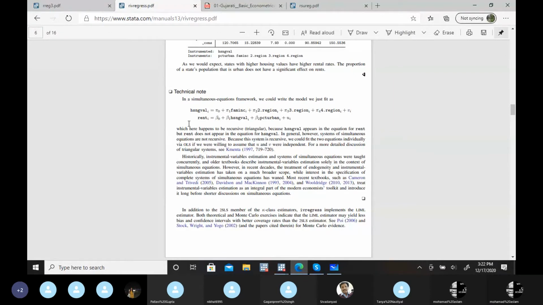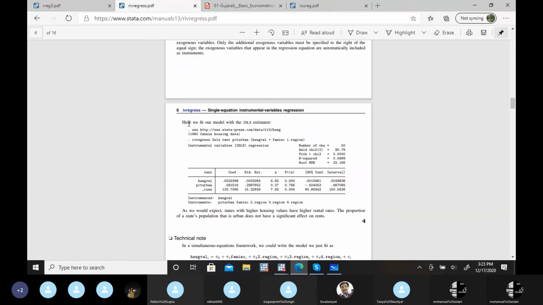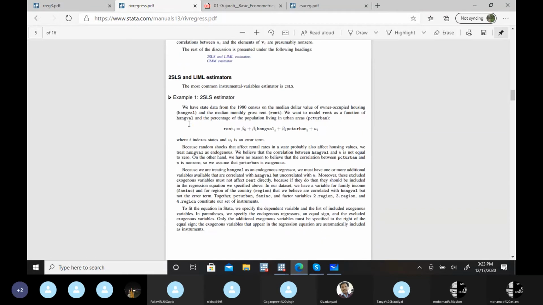The HSNG variable. Let's see if a description of these variables is given. Yeah. We have state data for the 1980 census on the median dollar value of owner occupied housing and the median family gross rent. So we want to model rent as a function of owner occupied housing and the percentage of population living in urban areas. So this is the model here.